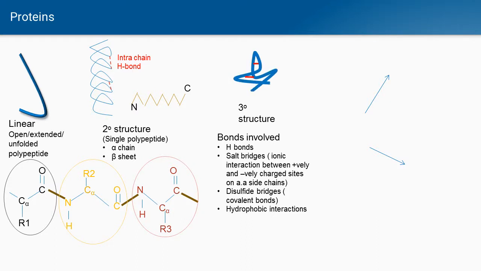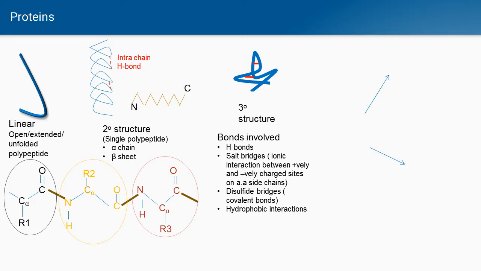The third thing is that this polypeptide, or the secondary structure, folds back upon itself and can acquire the tertiary structure. For the formation of tertiary structure, certain bonds are involved. These bonds can be hydrogen bonds, salt bridges, disulfide bonds, and hydrophobic interactions.